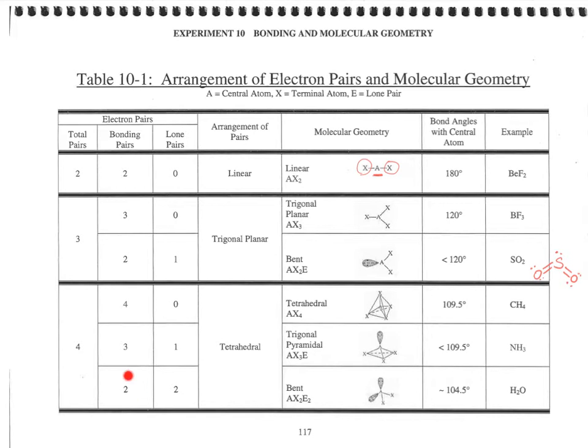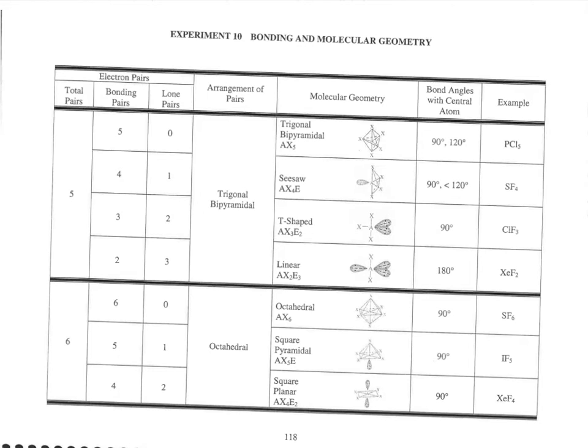And we have 2 lone pairs and 2 bonding pairs. Although the overall arrangement of pairs is tetrahedral, the actual molecular geometry is bent here. AX2E2 has a bent structure. The bond angle here is a little bit smaller than 109.5 compared to the trigonal pyramidal case. That is for water. Okay, let's move on to the next 2 cases.